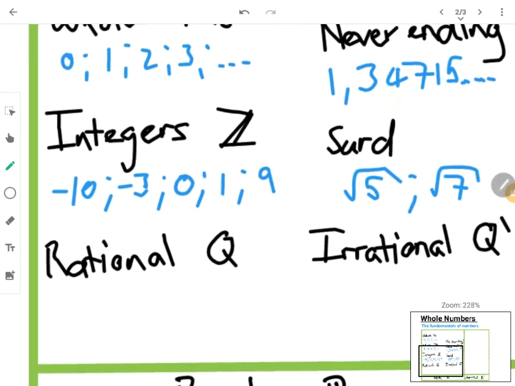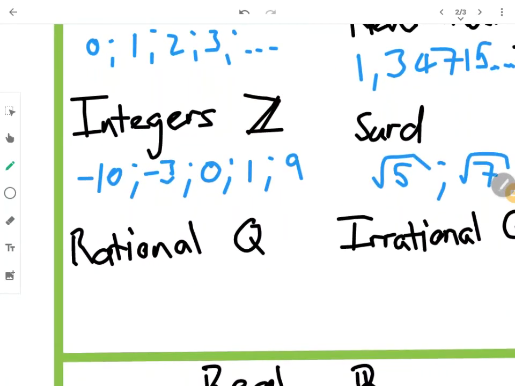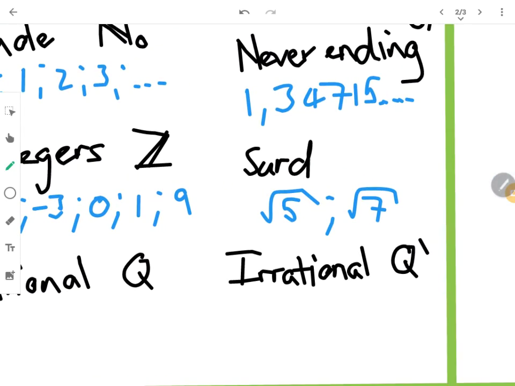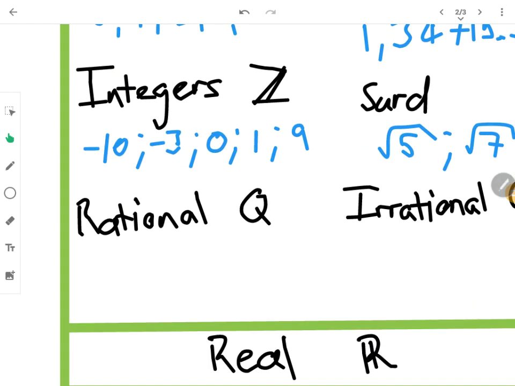Let's look quickly at, are there decimals with rational numbers? Yes, there are decimals. We saw there's decimals if we get the surds and the non-recurring and never-ending numbers. But there's also decimals with the rational numbers.